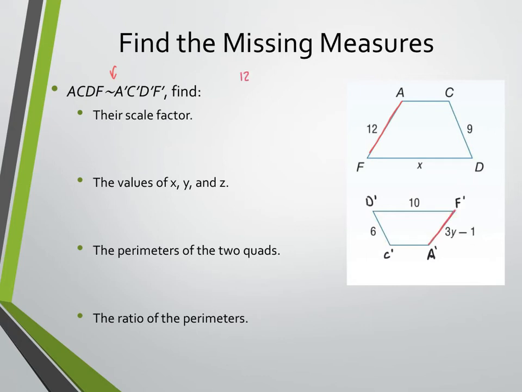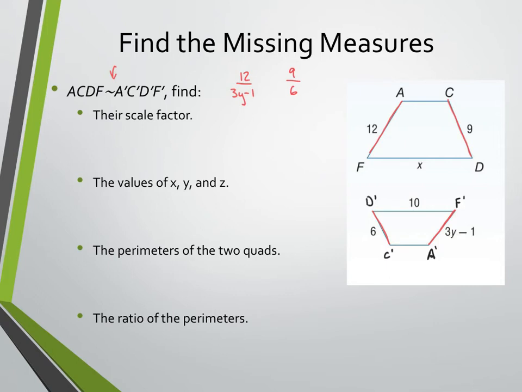So that means I have 12 over 3y minus 1. Okay. Now at the moment, don't get freaked out that we have variables in here. We'll deal with that in a moment. Next, I have CD, which is 9, over C prime D prime, which is 6.